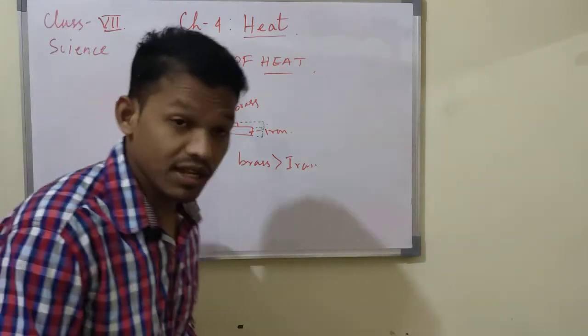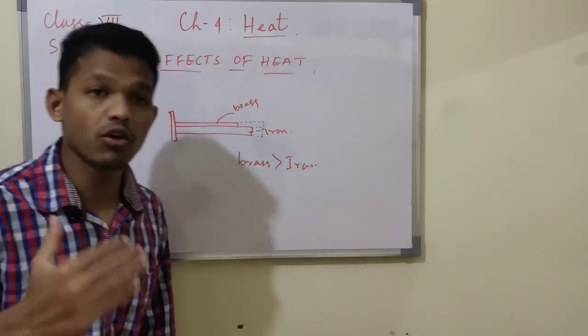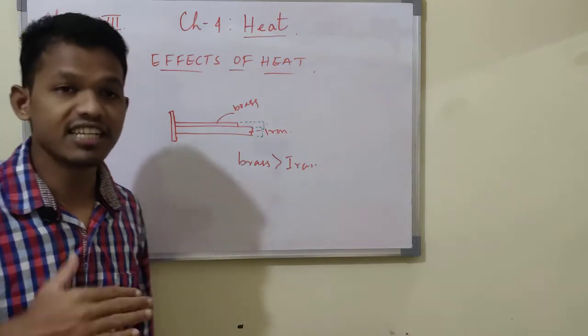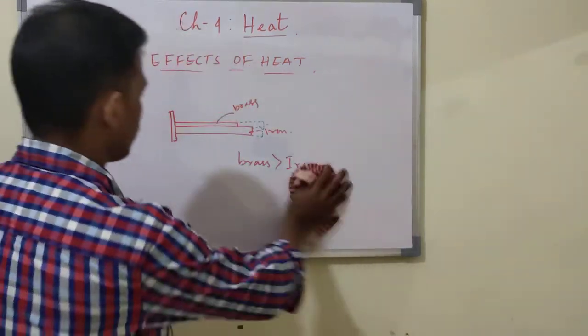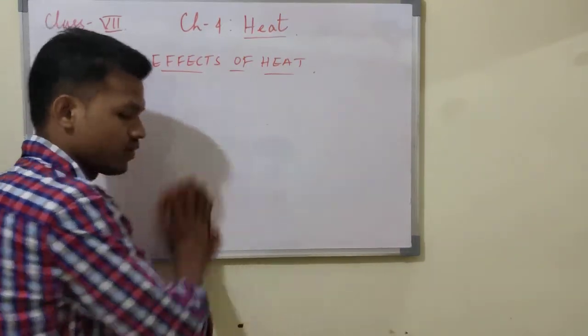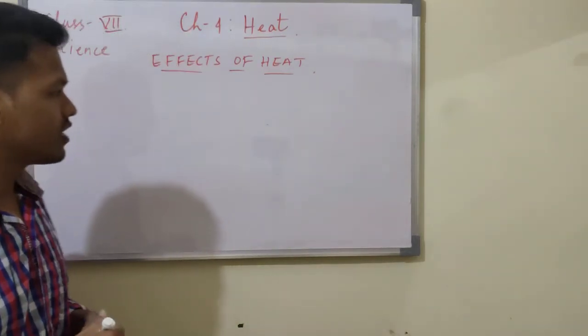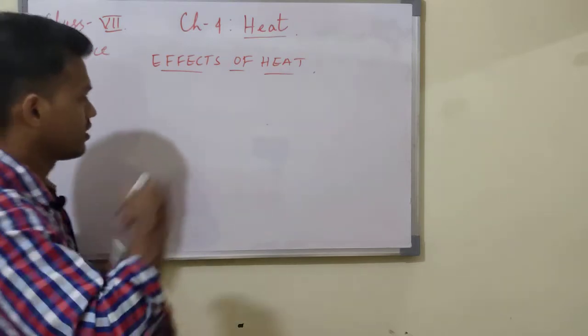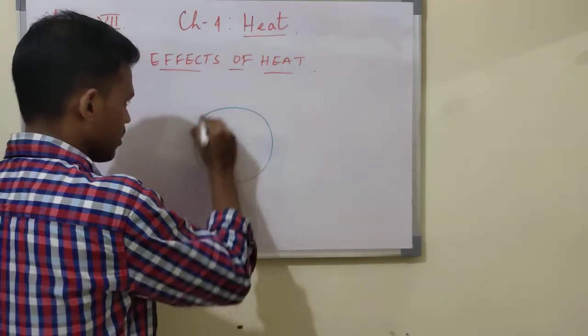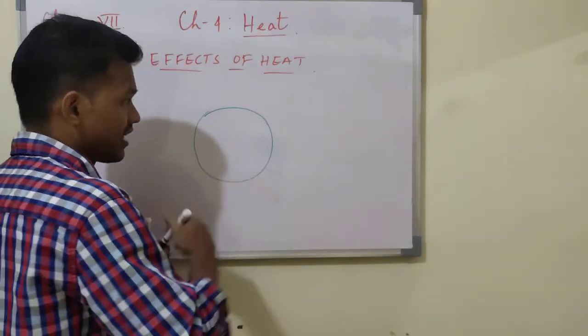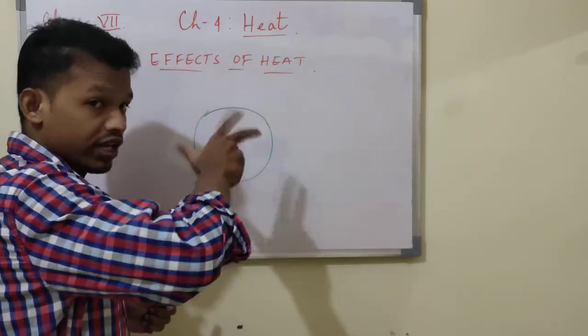This expansion is very important. It is very useful in our day-to-day life, and it also has disadvantages. So if you take a solid like iron, it will expand. If you have seen bullock carts, around the wheel there is a rim.